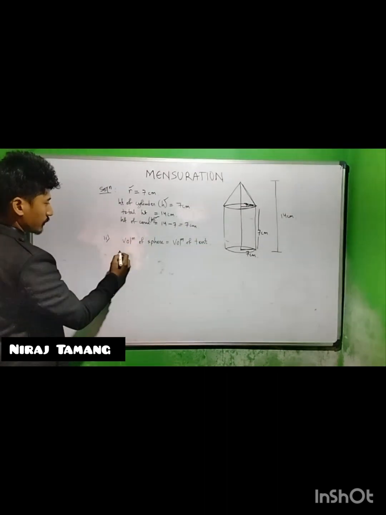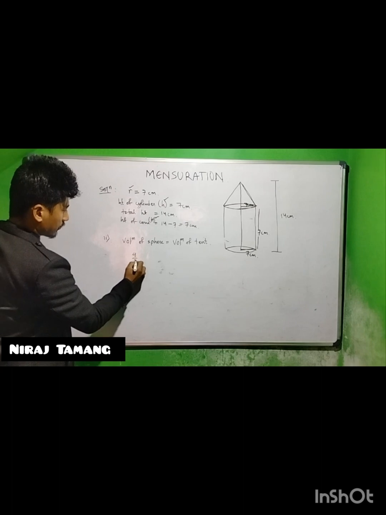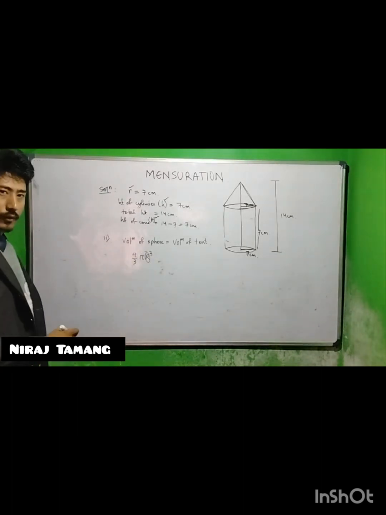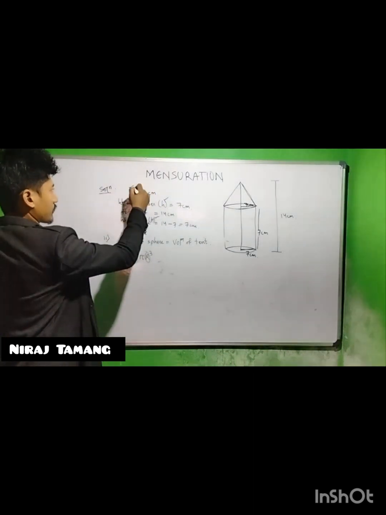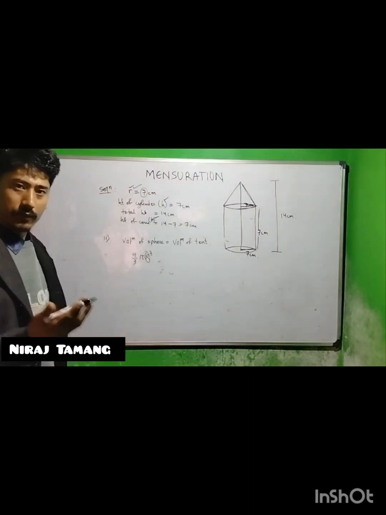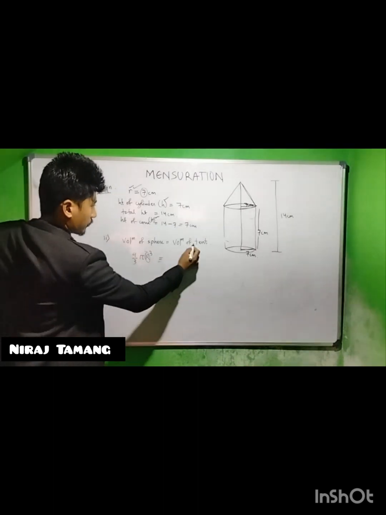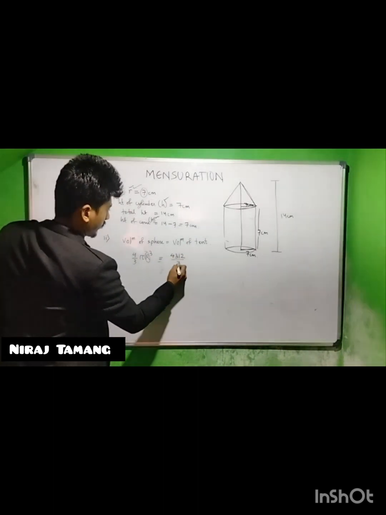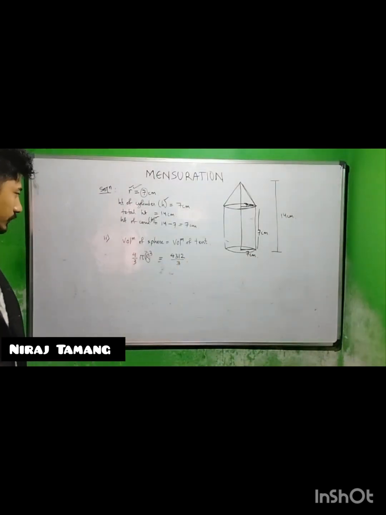Volume of sphere is 4/3 pi r cube. Let us write capital R for the sphere, but we cannot write small r because it is already 7. We have used small r. So the volume of tent is 4312 over 3. We just got this.